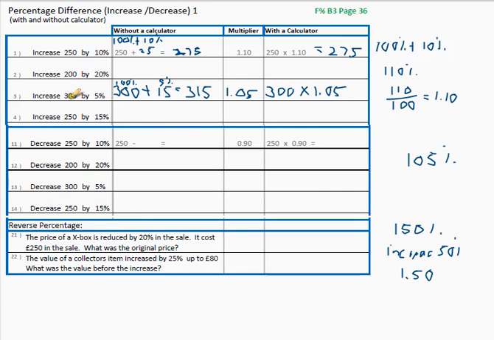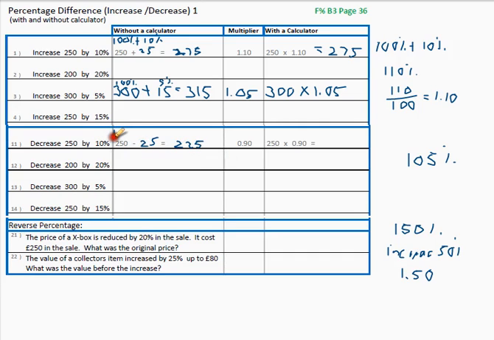Now let's do the same numbers here, but we are just decreasing. So we already know 10% of 250 is 25. We worked it out there. So 250 take away 25 is 225.